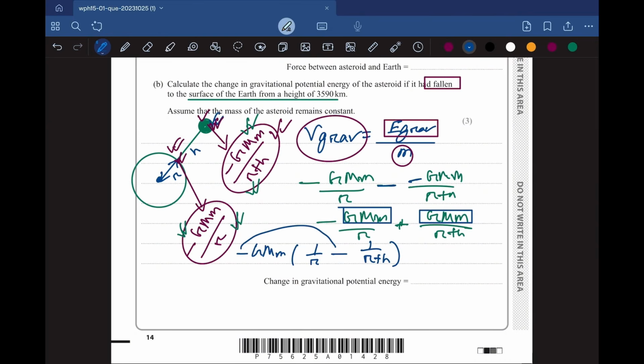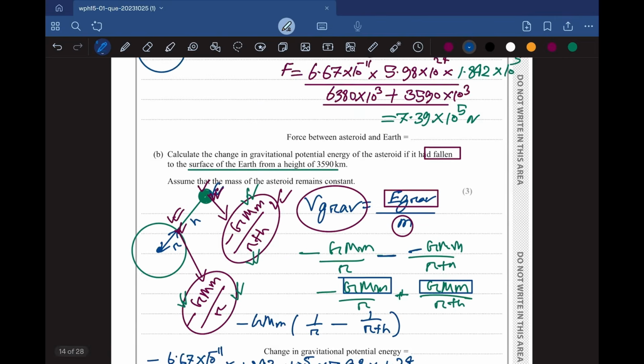So this minus minus becomes plus like this. So don't worry about that part. So now we can write minus 6.67 into 10 to the power minus 11 into 1.842 into 10 to the power 5, which is the smaller m, multiplied with the bigger M, which is 5.98 into 10 to the power 24.